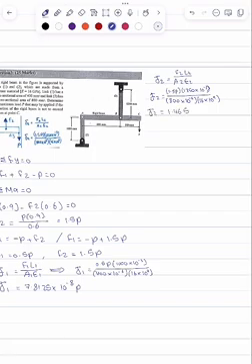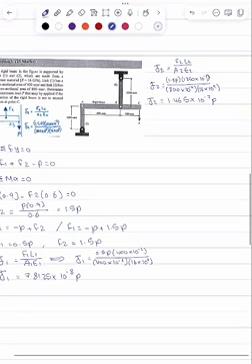The final answer is 1.465 times 10 power minus 7 P.